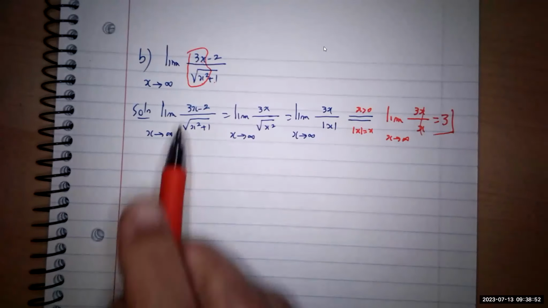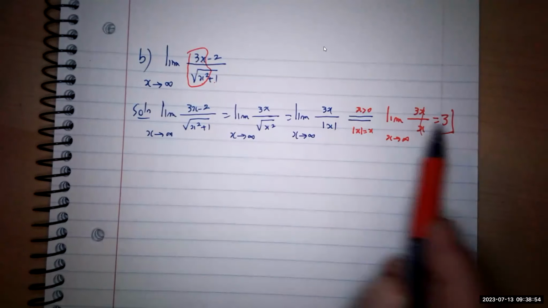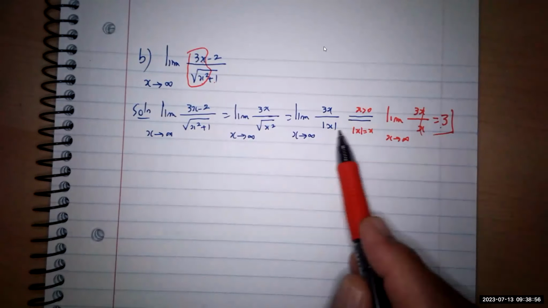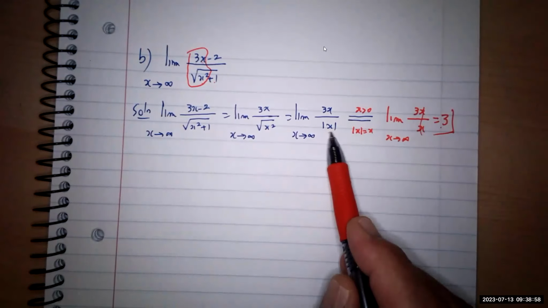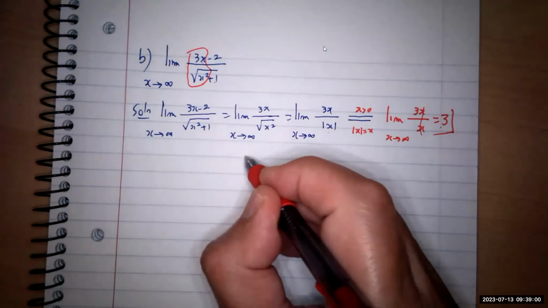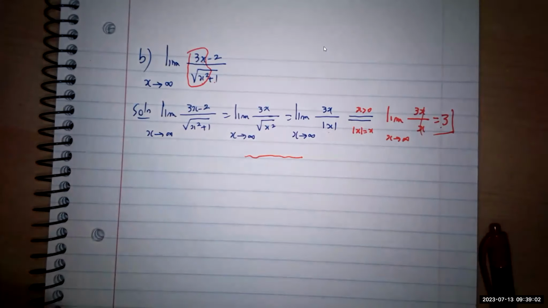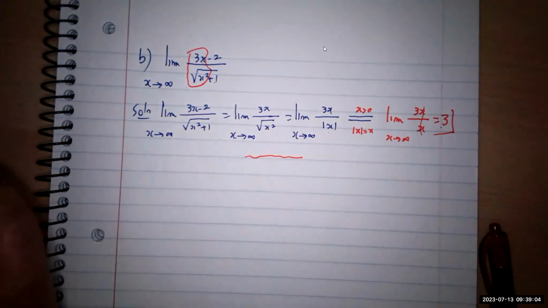So that gives you 3. Same problem, if x goes to negative infinity, this would be -3, because you replace the absolute value of x by -x. Just pay attention to that. It's always going to be this kind of square root. Any question?